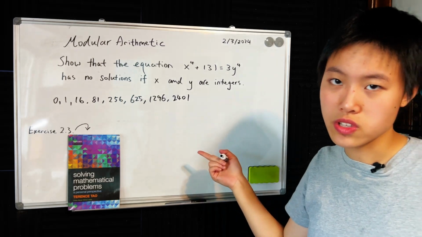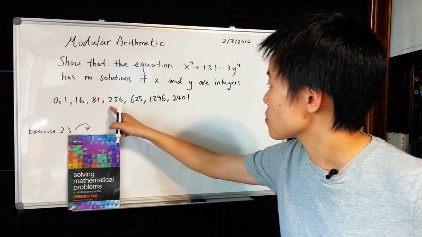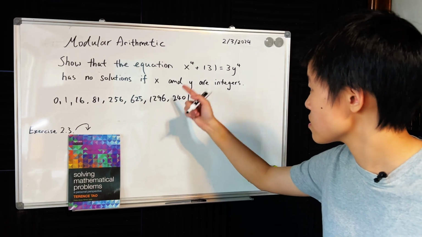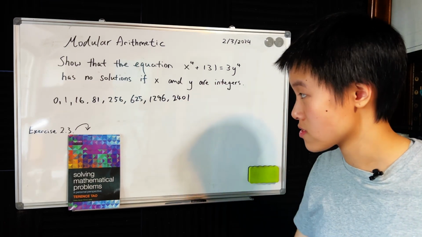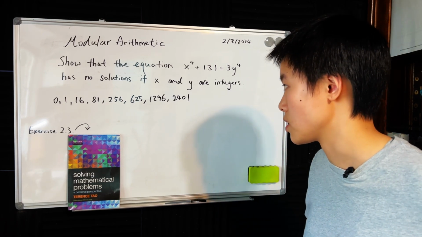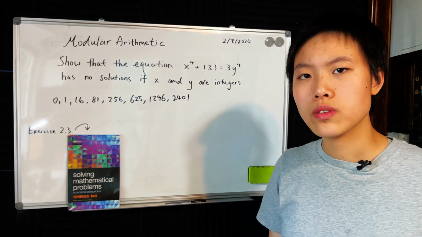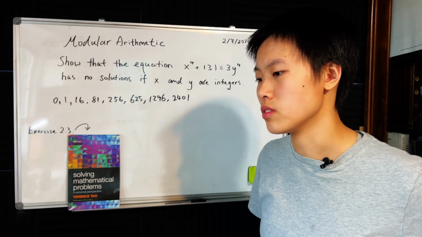Okay, so these are our first 7 fourth powers. And the last digits are 0, 1, 6, 1, 6, 5, 6, 1. Looking just at the last digit, there's no period or pattern that's consistent. And so we can think about it in another modulo.